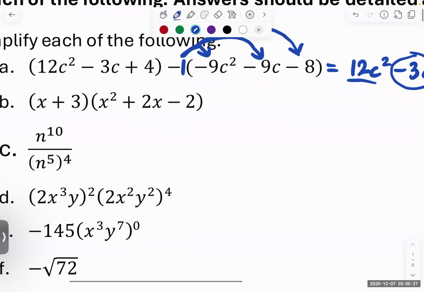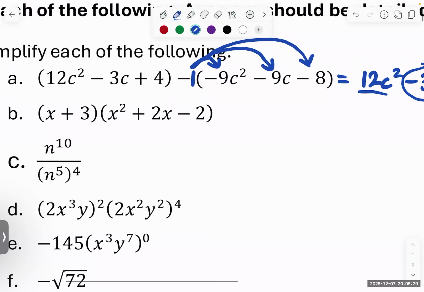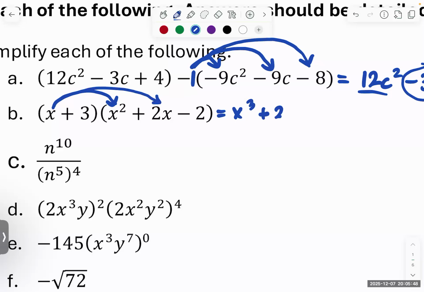For the next one, this is a product. So you're going to need to take every term in the first parenthesis and distribute it to every term in the second. So let's start with x. X times x squared is x cubed. X times 2x is 2x squared.